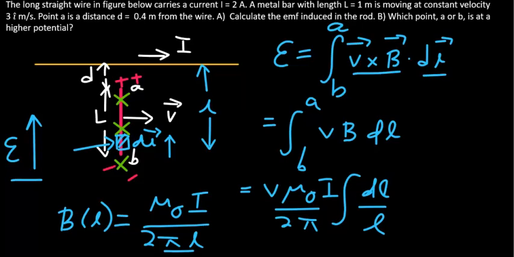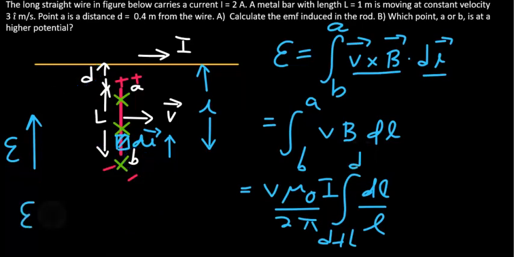Let's settle the limits of the integral. At point B, the value of L is little d plus capital L. At point A, the value of L is just little d.